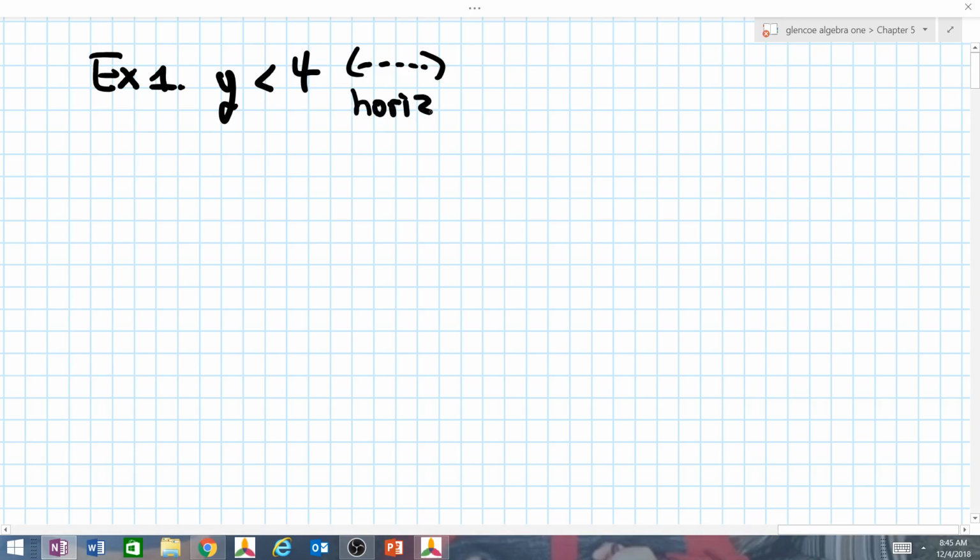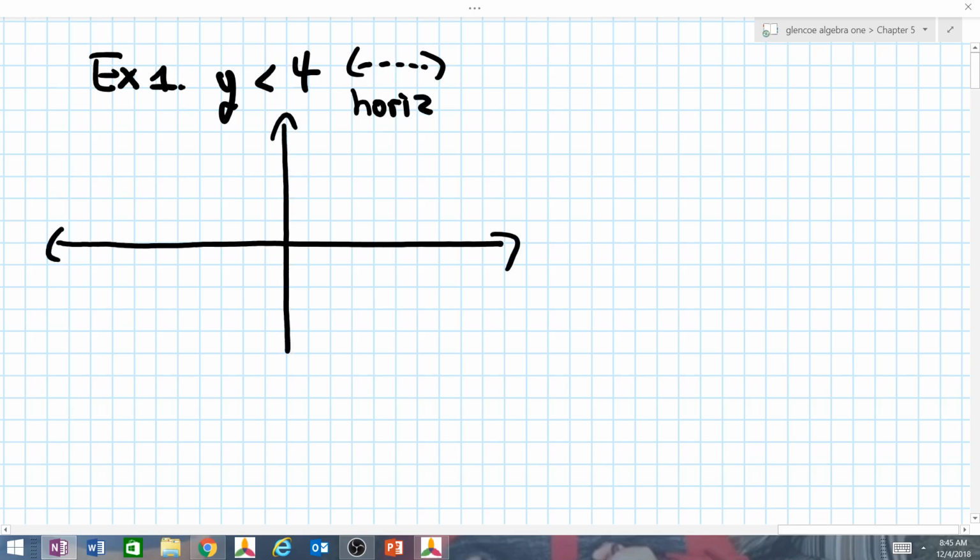Horizontal. So to graph this, and you can graph it right in your notes, there's a little spot for you to graph it in. Y is less than 4 is a dotted line at 4. Does that make sense? Yes. So that's what it's going to look like. Now it says less than.